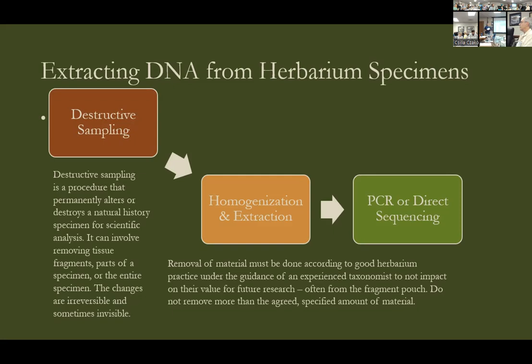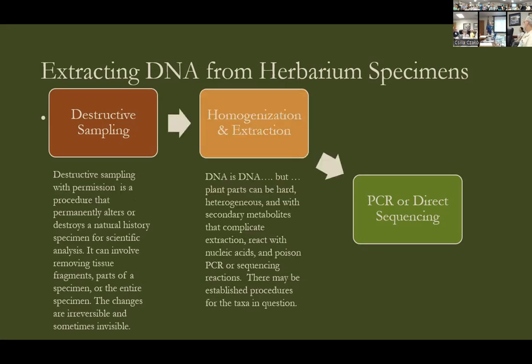We don't want to impact the usefulness of the specimen, so we don't want to remove an essential part of it, or make it unrecognizable, and the material is often taken from the fragment pouch. That's just a small detail: there is a fragment pouch on specimens where things are stored that did not get mounted.